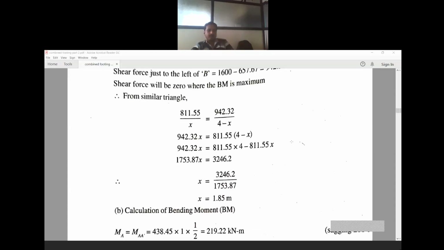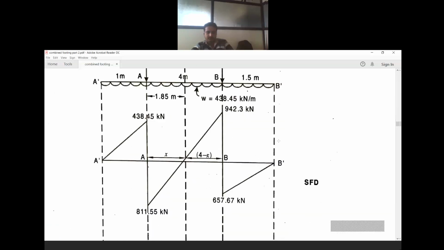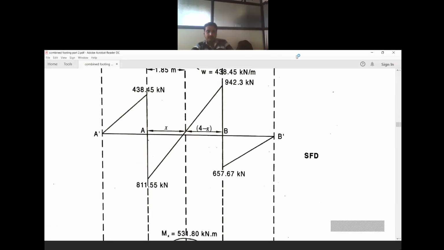To calculate that, you can observe this shear force diagram here. In this, you can observe triangle number 1 and triangle number 2. These two are considered similar triangles, so I'm calculating the value of x. How to calculate the value of x?